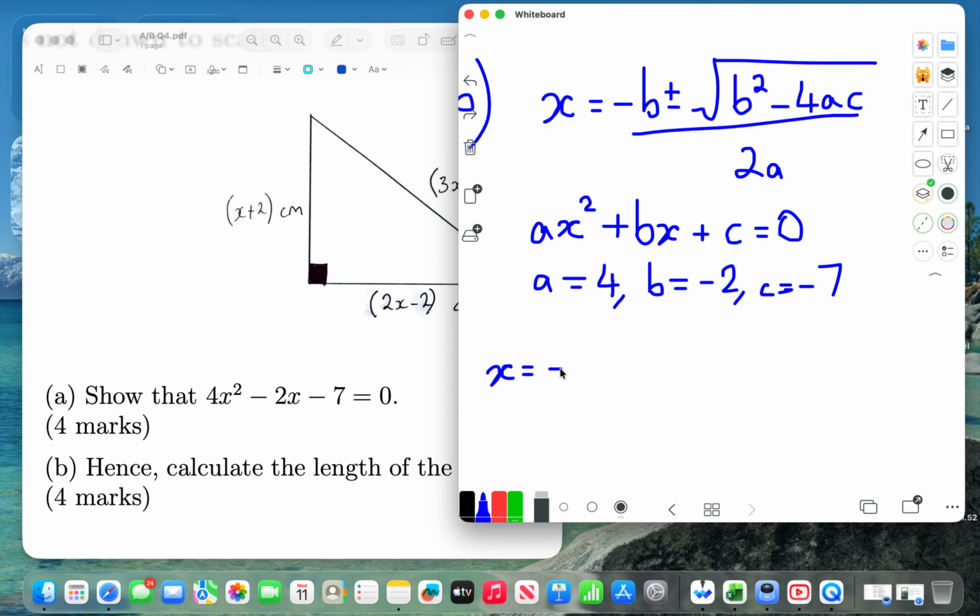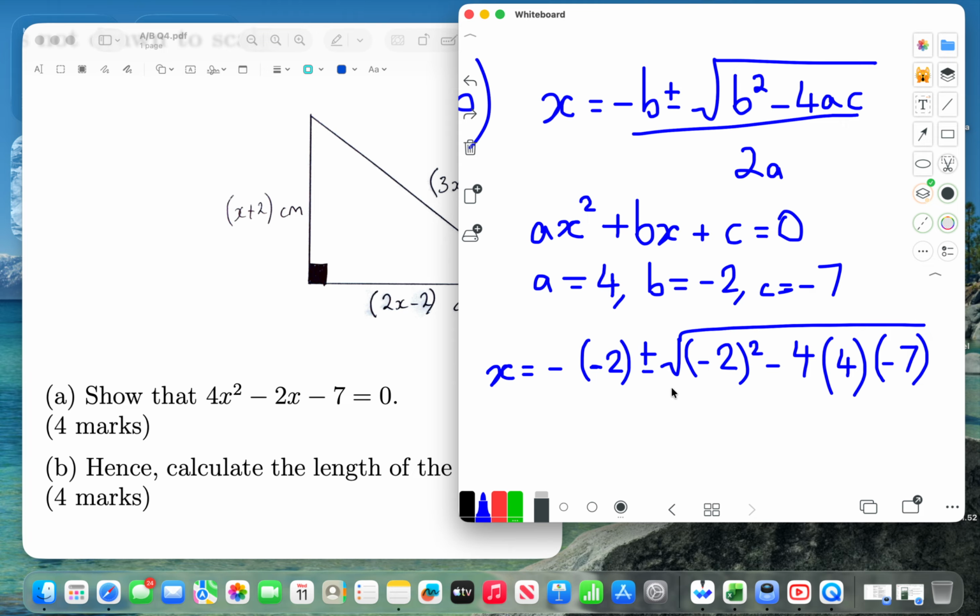So minus 2 plus minus the square root of minus 2 squared take away 4 times 4 times minus 7, and this is all divided by 2 times 4.